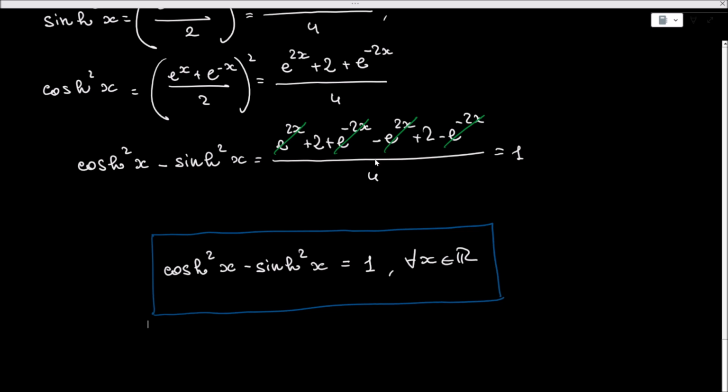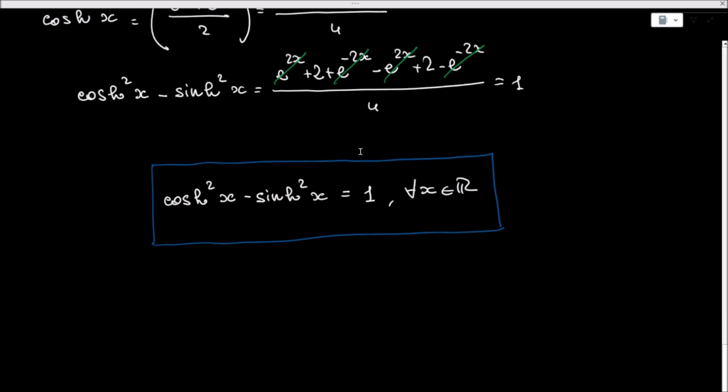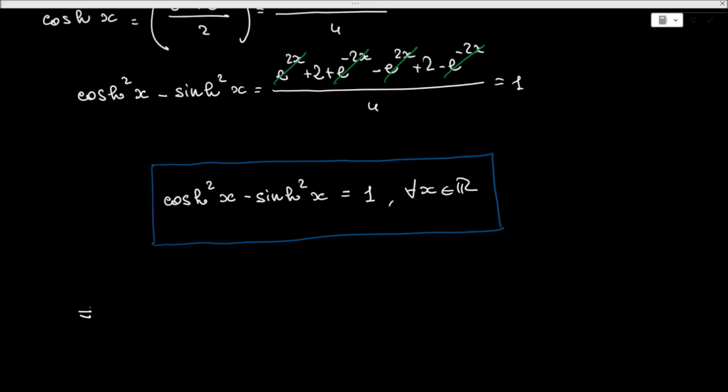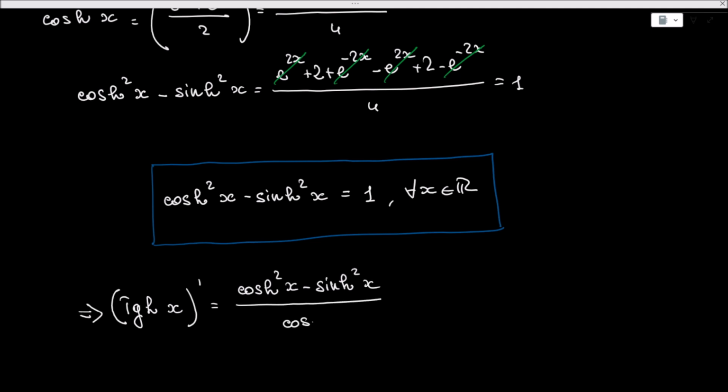And now that we have this, we can also rethink about the derivative of the hyperbolic tangent of x. Remember that we said that this derivative was equal to the hyperbolic cosine square of x minus the hyperbolic sine square of x divided by the square of the hyperbolic cosine of x.